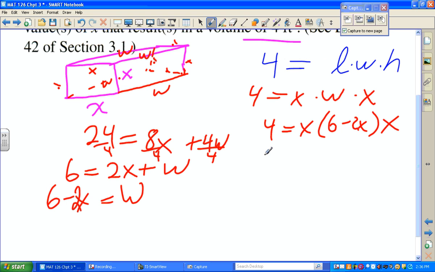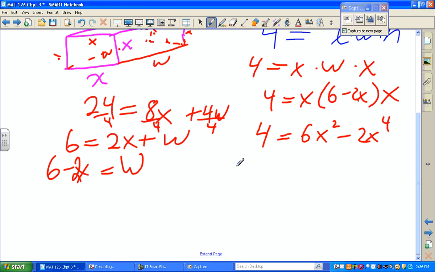How do you solve an equation when you multiply everything out? Because you end up with like 6x squared minus 2x to the 3rd. How do you solve that? Yeah, move the 4 over, set it equal to 0. And when you have no idea what else to do, what's the first thing you should do?